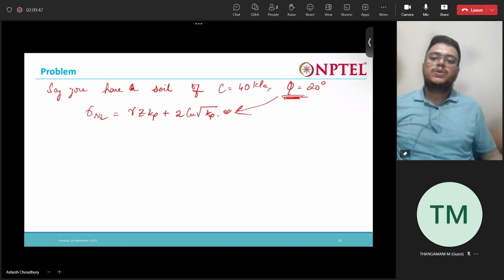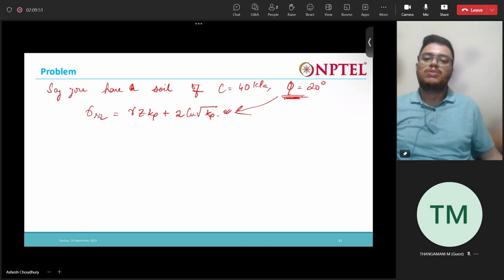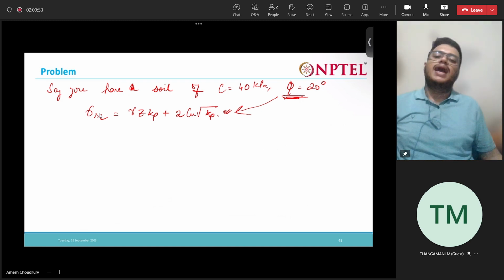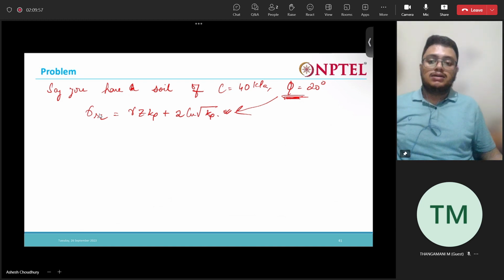And then the fourth topic we discussed was stone columns. We saw what stone columns are, why they are used, how they are made, and what the different failure modes of stone columns are. Then we saw what encased stone columns are and how encasement actually helps in increasing the load carrying capacity of the stone columns.